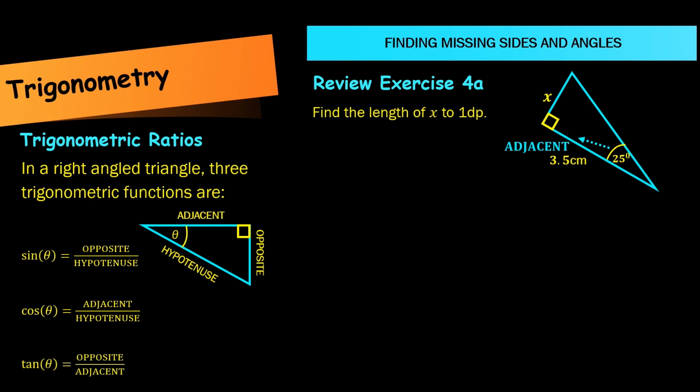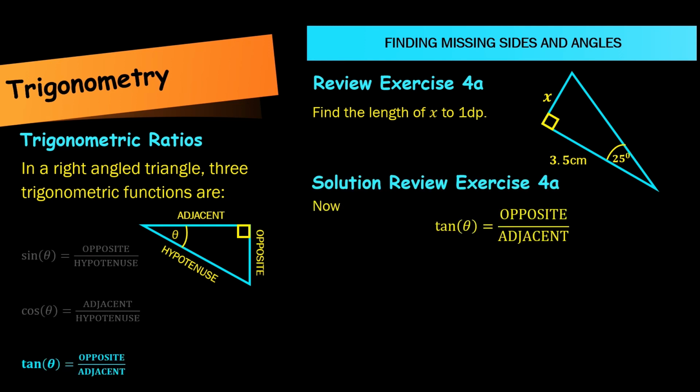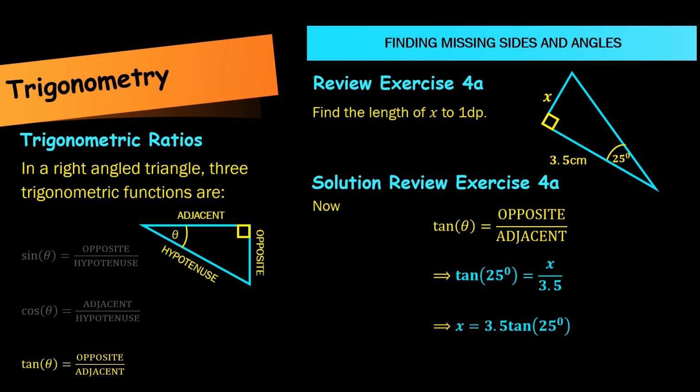So we're going to use the formula tan theta equals opposite over adjacent. So we have tan 25 degrees equals x over 3.5, which is the adjacent. And rearranging gives us x equals 3.5 times tan 25 degrees, which implies that x equals 1.6.